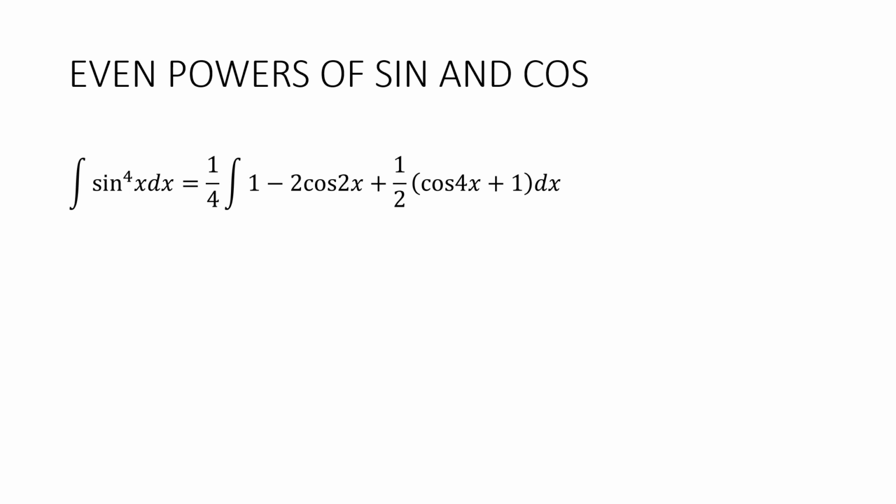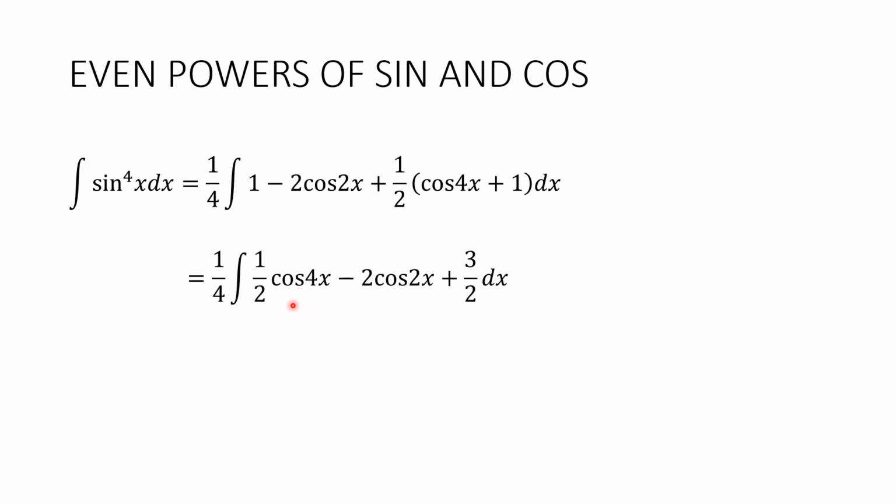Now I'll always encourage you to tidy an integral up before you integrate, so let's expand these brackets and collect like terms. Alright, now we're ready to integrate. This is easy to integrate because we no longer have the powers involved. So this is just going to be, this is a reverse chain rule, but I'm not going to use substitution.